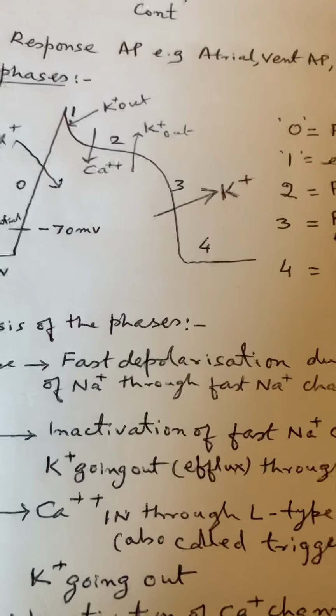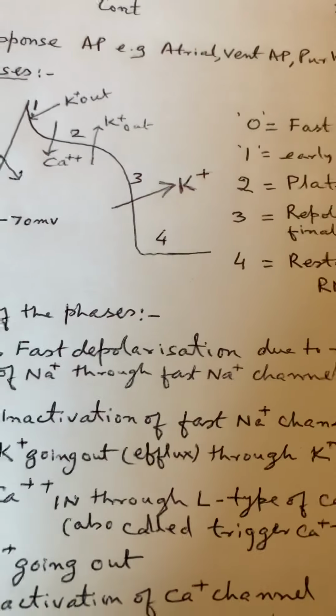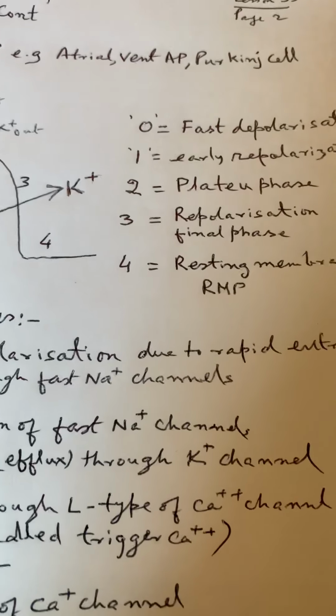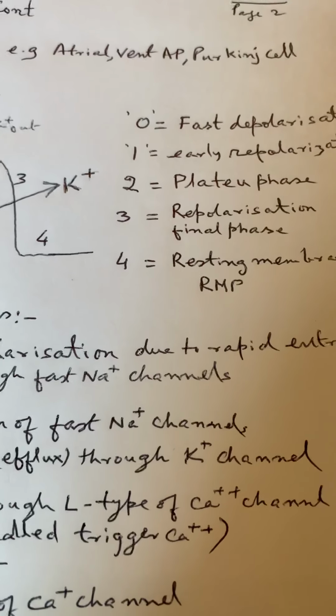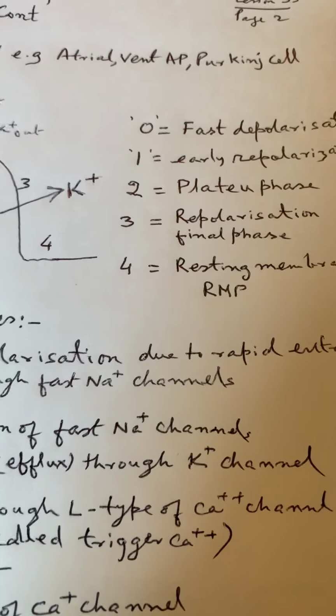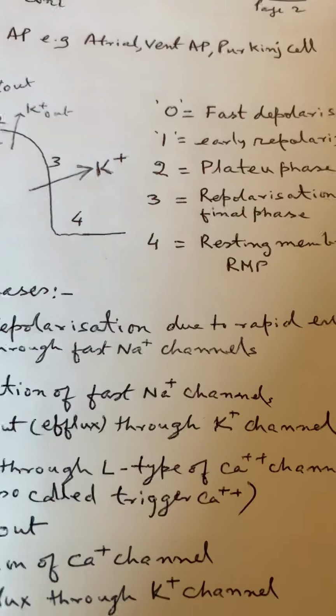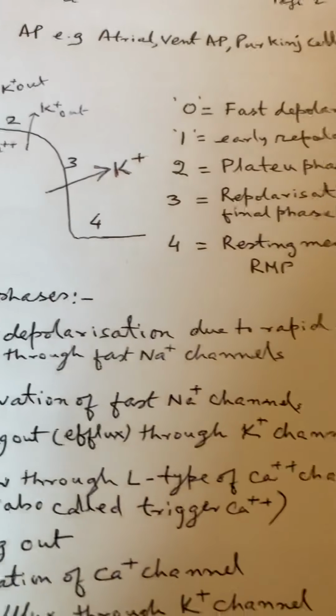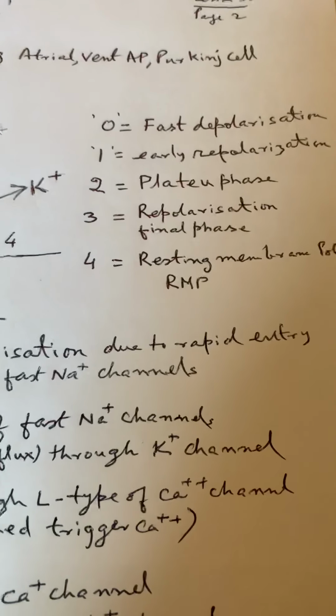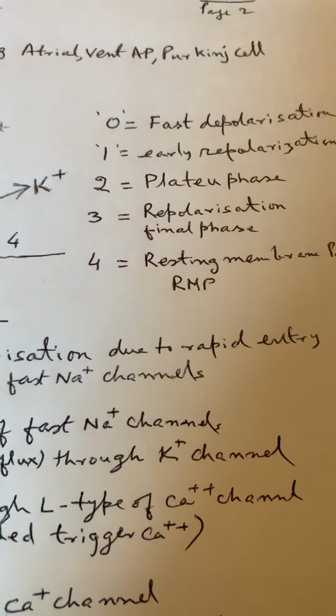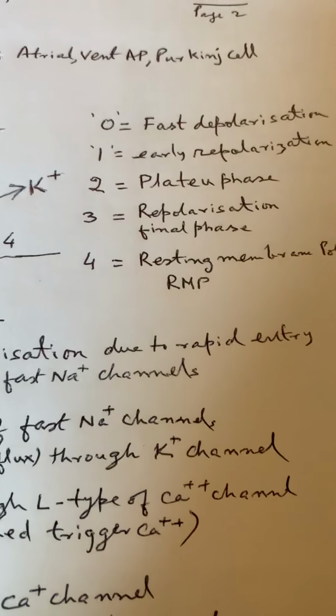And phase 2 is nearly flat and is longer, and this is known as the plateau phase. So the plateau phase is the nearly flat phase, and it is phase 2. Then comes phase 3, that is the final repolarization.